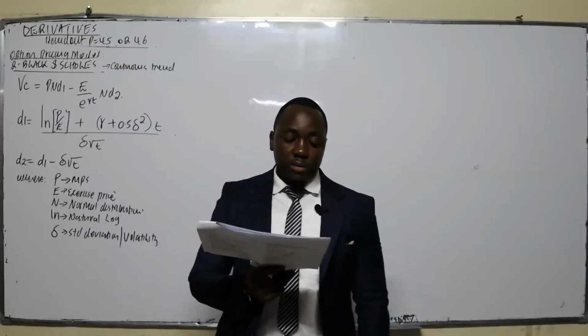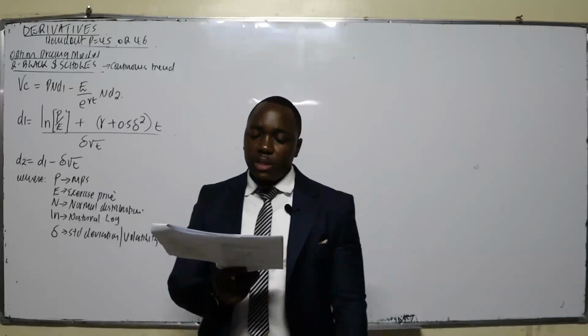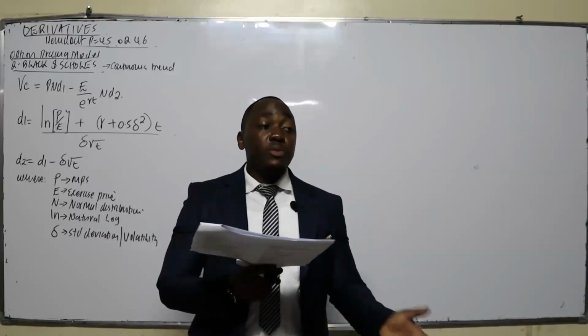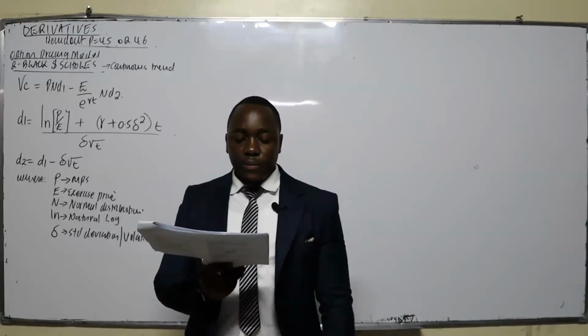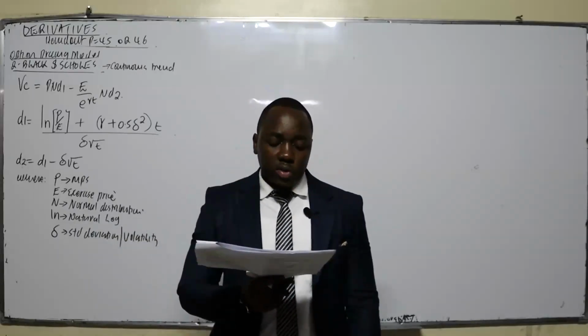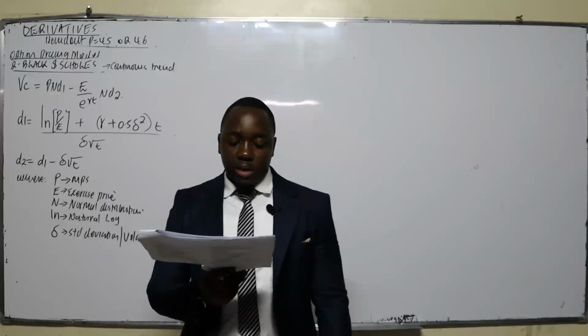The risk-free rate is constant. That's also a limitation because sometimes the risk-free rate keeps on changing. So therefore, that's not the truth. Then also it assumes that the market is efficient and there are no transaction costs and taxes. So it's also a limitation because that's not correct.